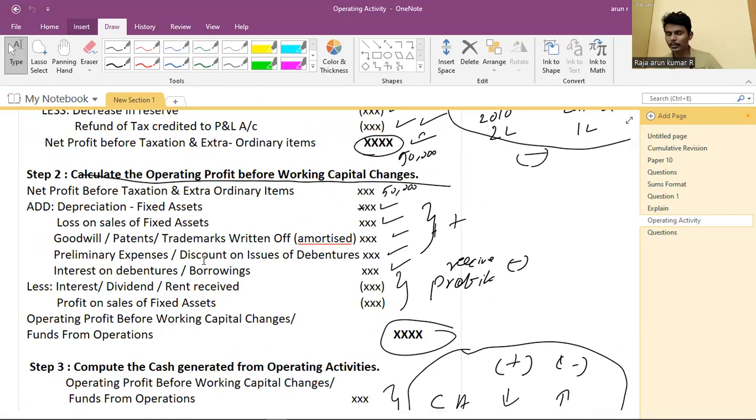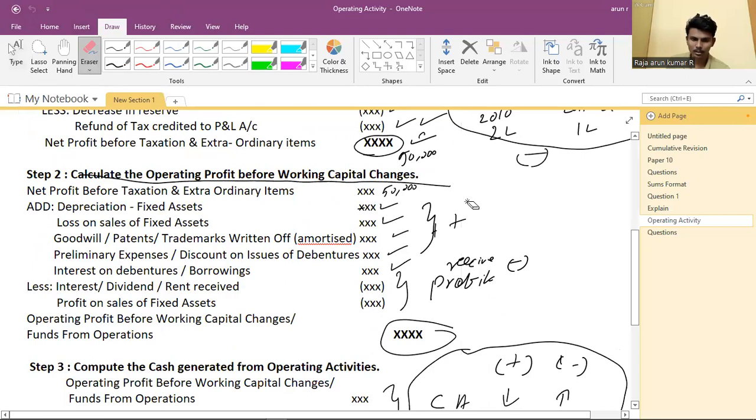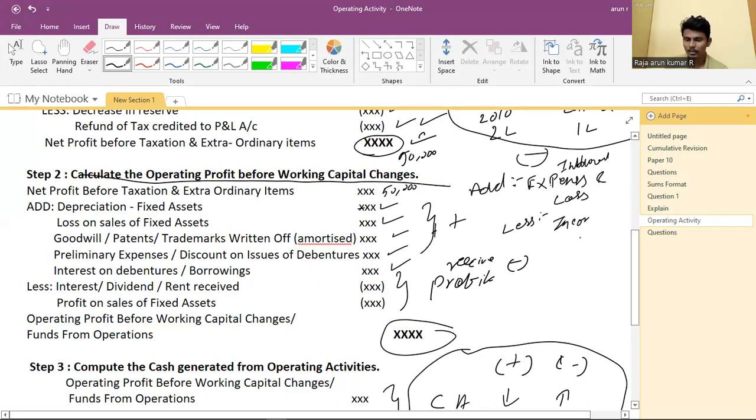If someone doesn't understand the second step, in the simple way I tell: add the expenses and losses, direct expenses, less the incomes and gains.